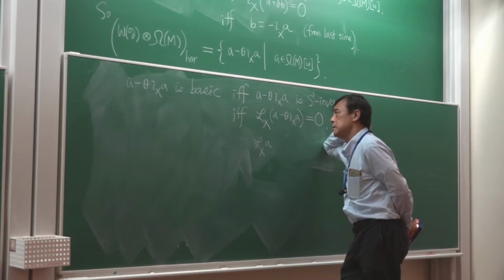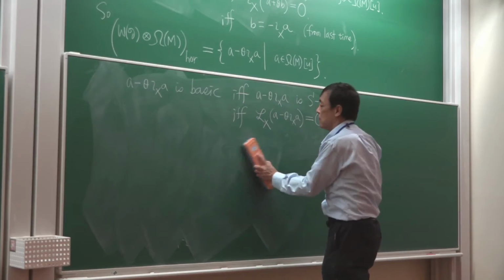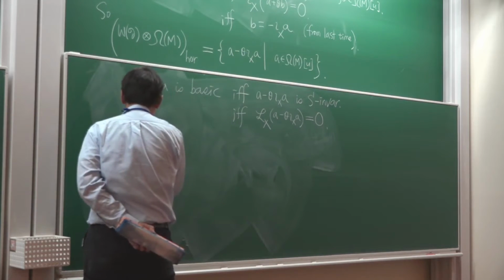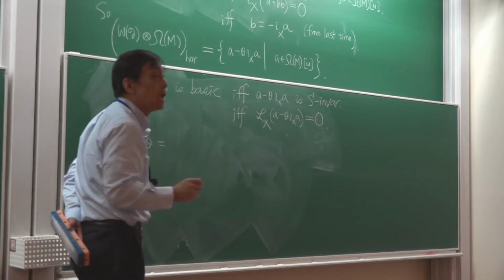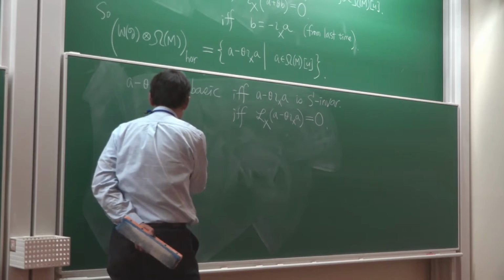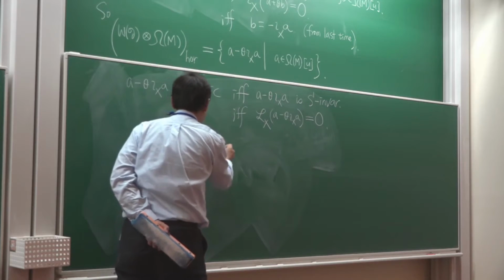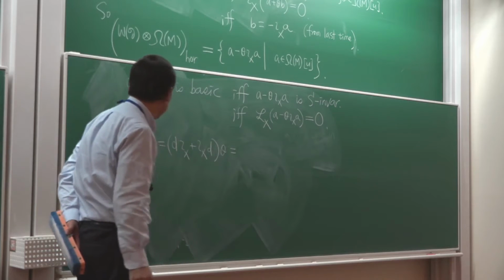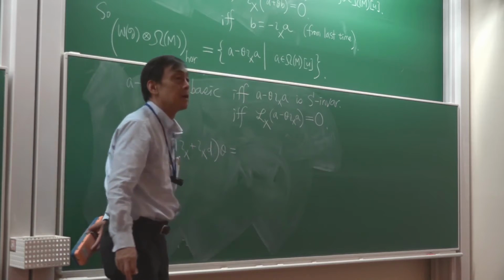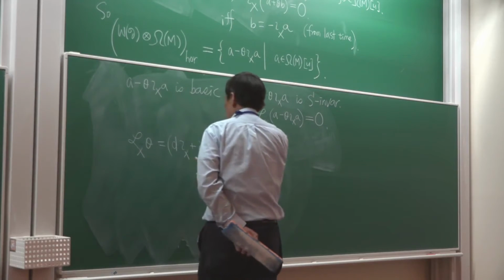what's L_X theta? Let's work out L_X theta. Now, L_X, by Cartan's formula, is d I_X plus I_X d. And what is I_X theta? 1, right? Because theta and X are dual.